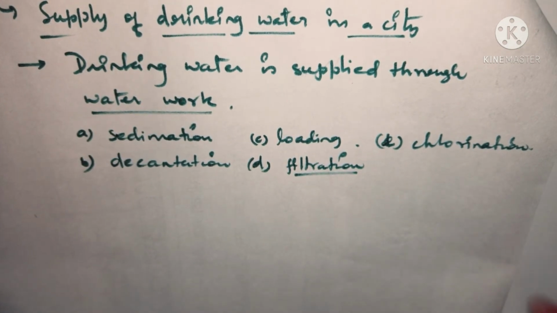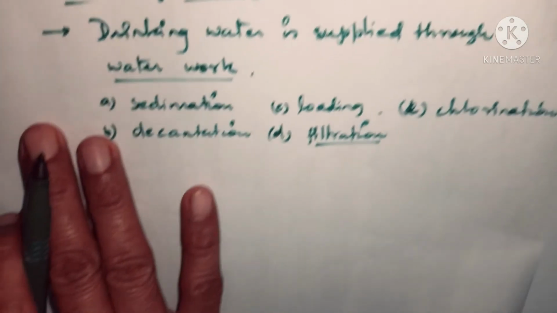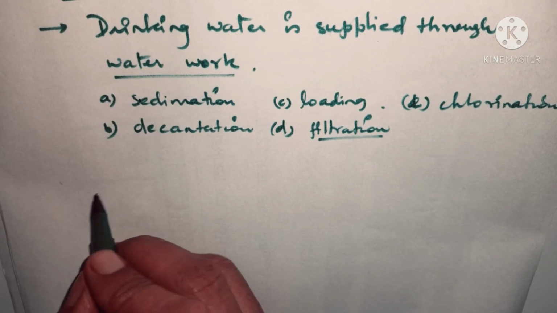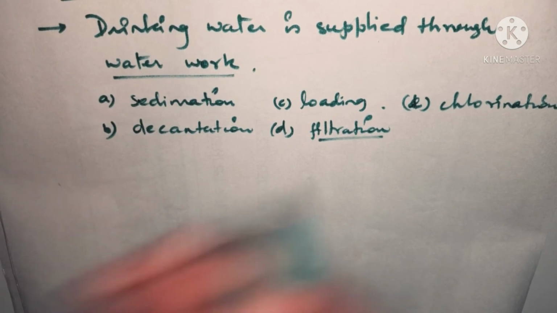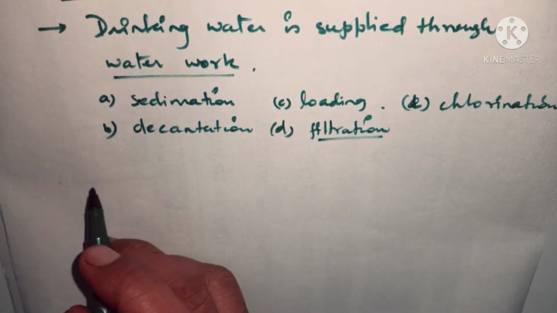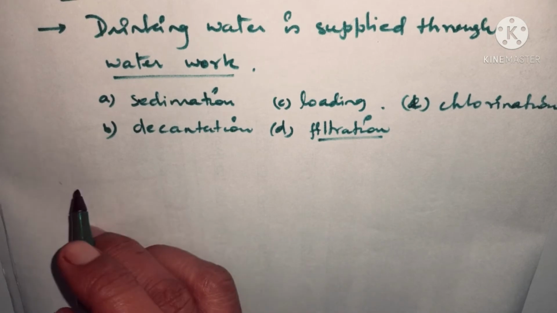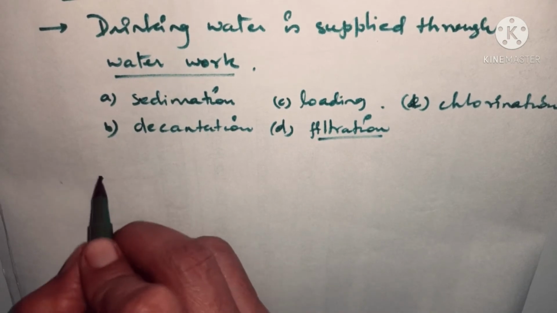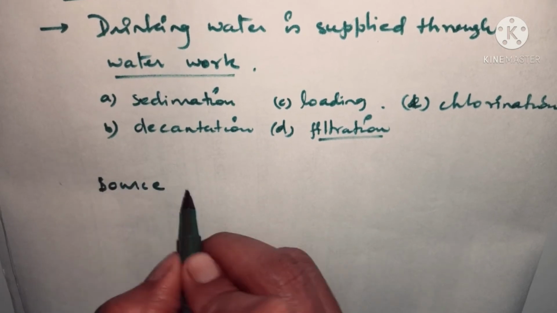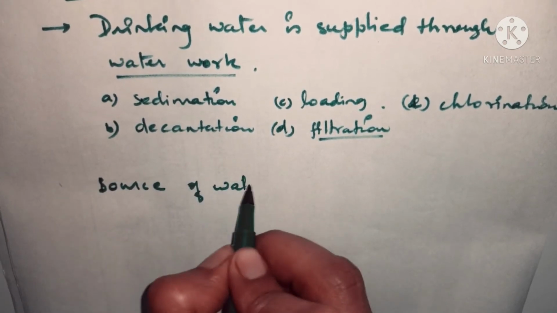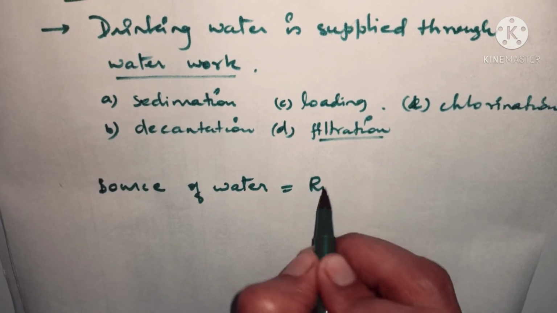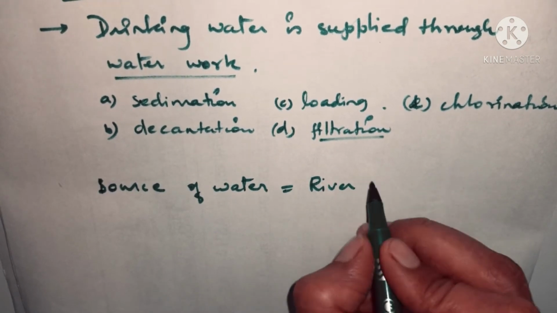As I said, the source of water for the water supply is the rivers nearby the cities, and even lakes are used. It could be either lake or river water.